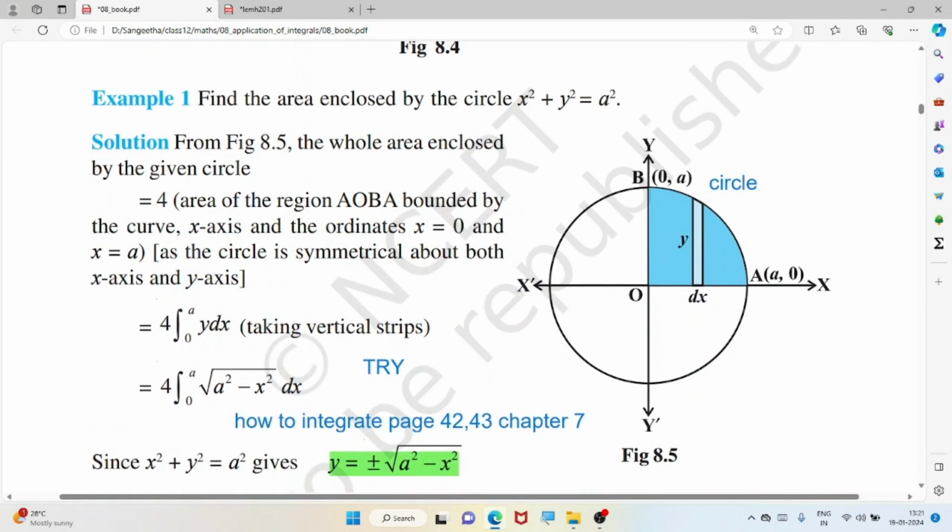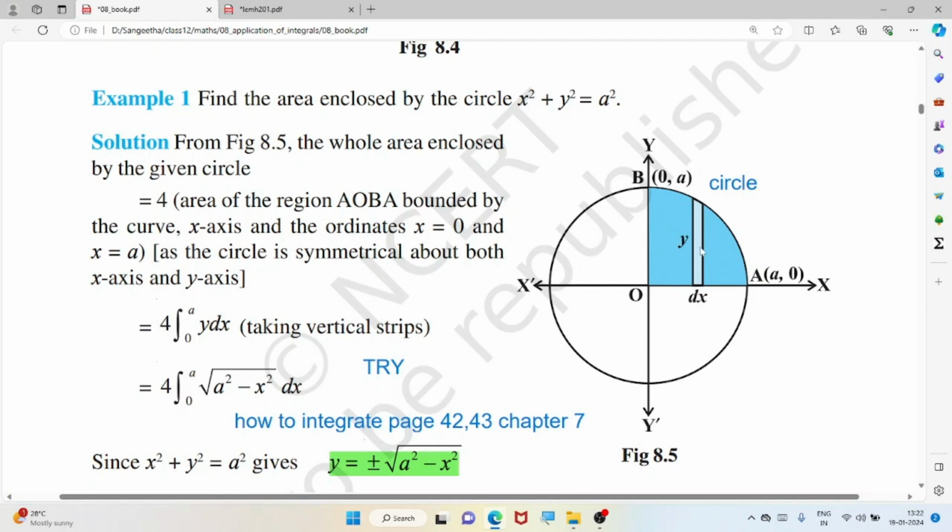Now find the area enclosed by the circle. Read the question properly: find the area enclosed by the circle. They are asking for the area of the complete circle, not only the shadowed region. The shadowed region is only for interpretation purposes, because the circle is symmetrical.